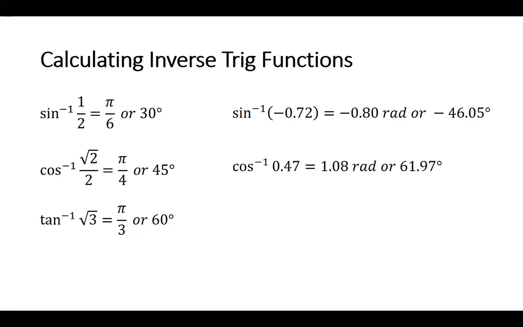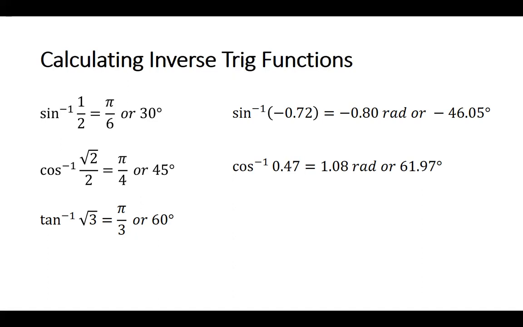Let's look at another example. The inverse cosine of 0.47. If I plug that into my calculator with radians, I get 1.08 radians, or with degrees, I get 61.97 degrees. Cosine, All Students Take Calculus. Cosine is positive in the first quadrant and in the fourth quadrant.